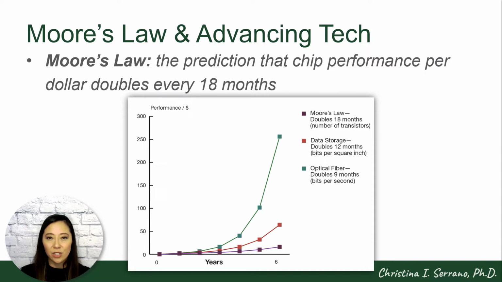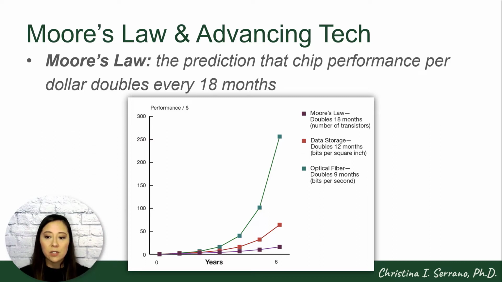But it's not just chip technology that sees this price performance trend. Data storage doubles every 12 months, and it's been observed at times that networking speeds can double every 9 months. So for a lot of tech, this price performance trend holds.